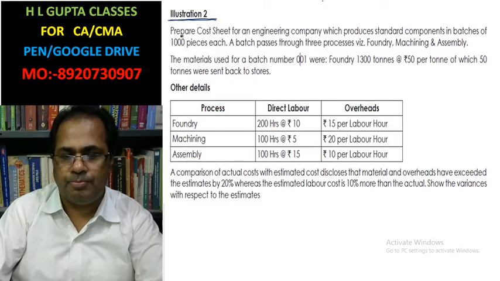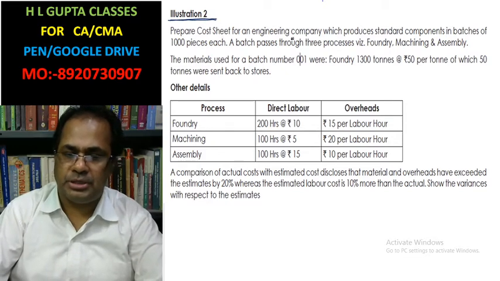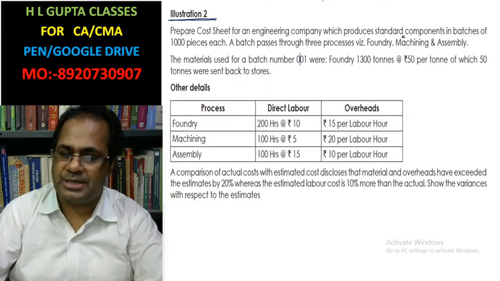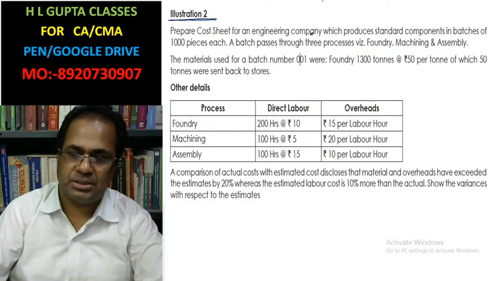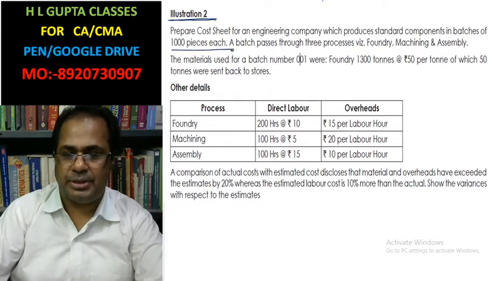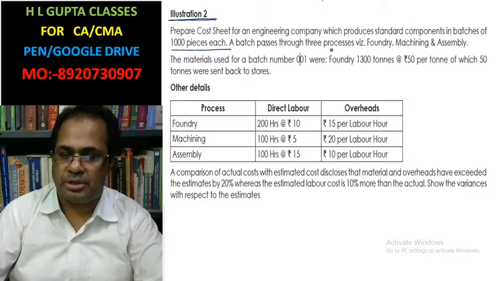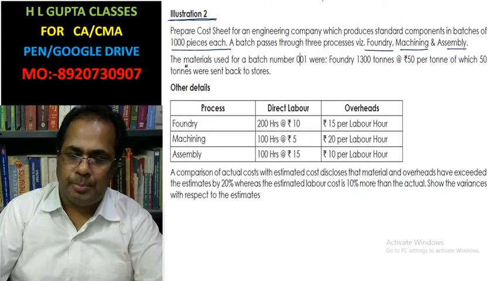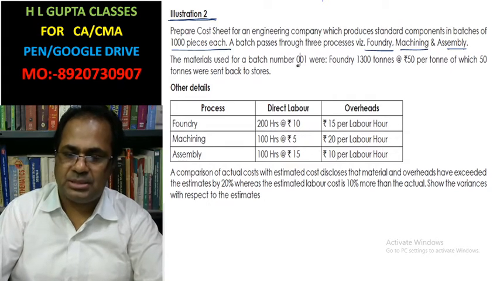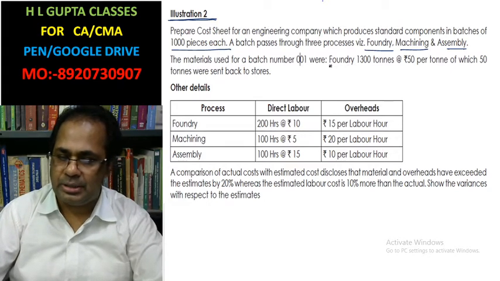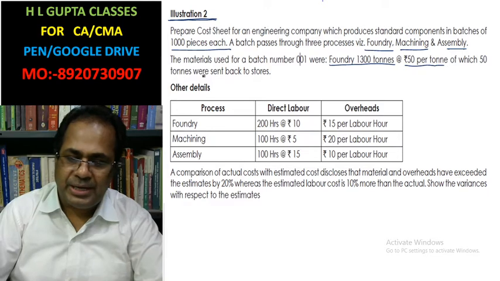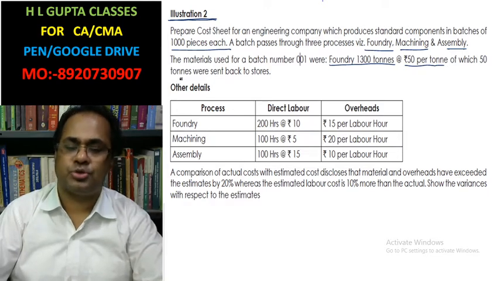Prepare the cost sheet for the engineering company which produces standard components in batches of 1,000 pieces each. A batch passes through three processes: foundry, machinery and assembly. The material used for the batch in foundry was 1,300 tons at the rate of rupees 50 per ton, of which 50 tons were sent back to the stores.